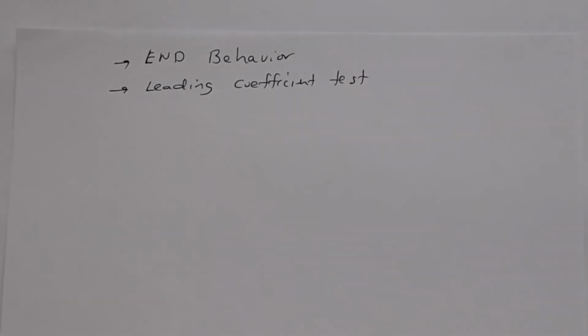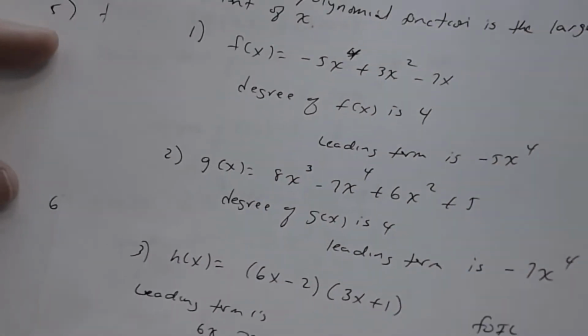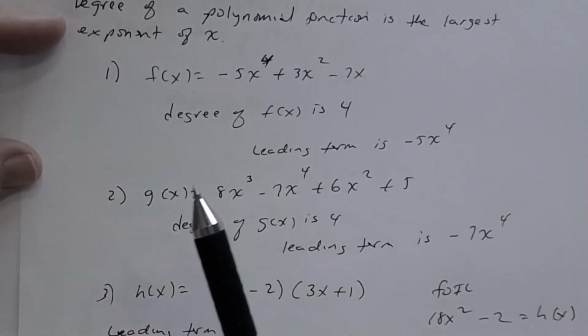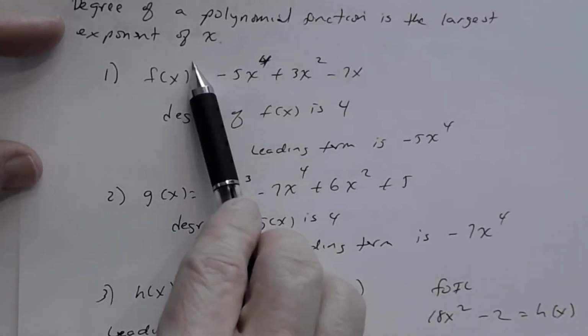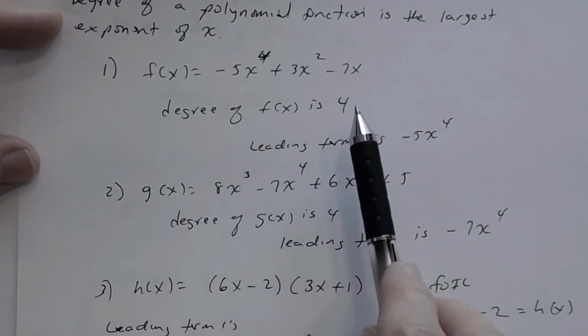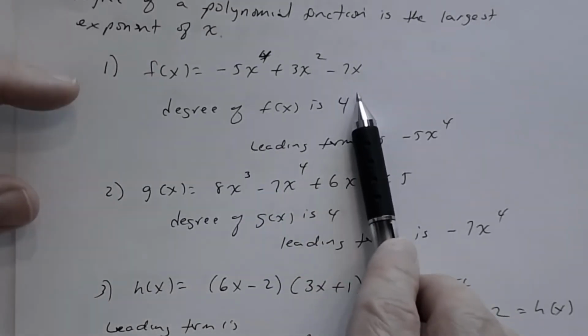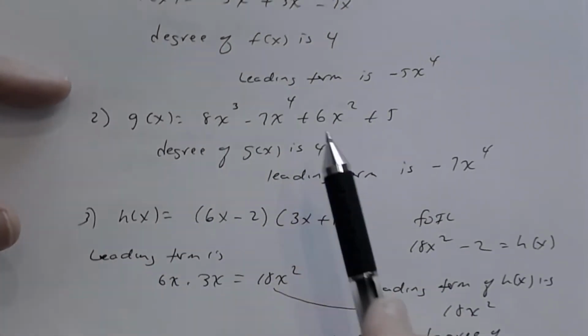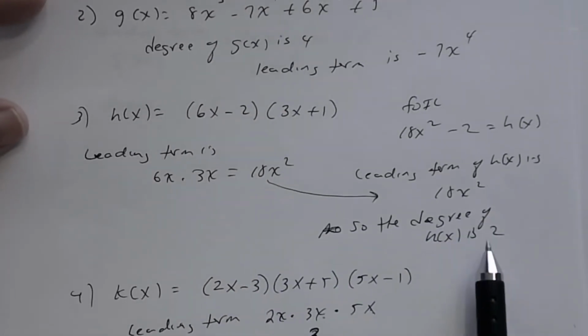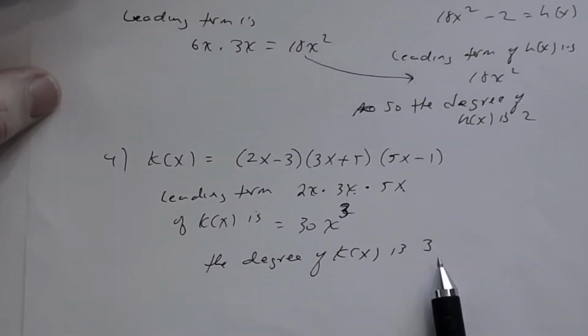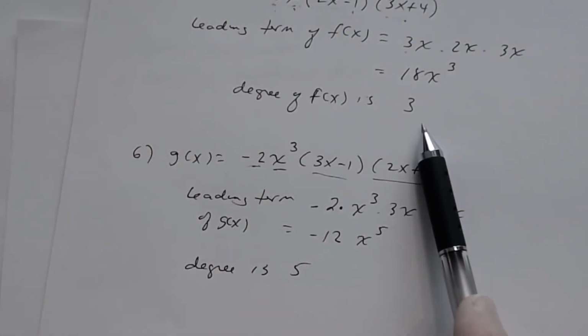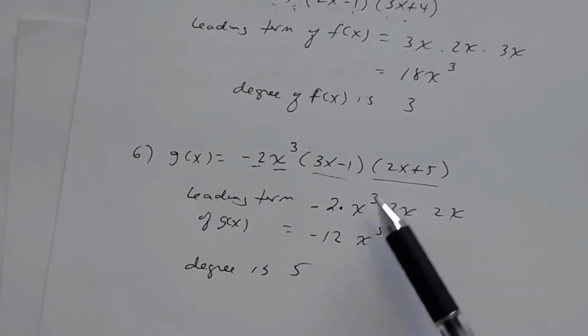Okay, so in our problems that we just did, I want you to recall that when we looked at the degree of any polynomial, either the degree is even, or the degree is odd. So either the degree will be even or the degree will be odd. That's something we need to use in our discussion.